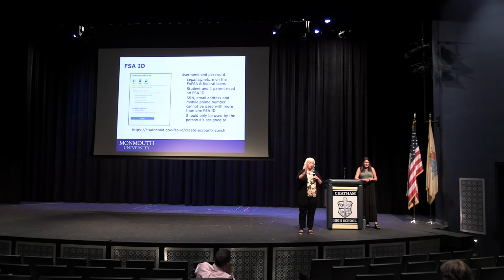So you want to make sure that you're keeping straight what's my information as me as the parent, what did I set up as my username and my password, what did we set up as Susie's, what is Johnny's, so we have that all separate. That's for our access and signing the FAFSA. When we're actually in the application, that's when we want to be sure that we're entering the appropriate information on the appropriate page.